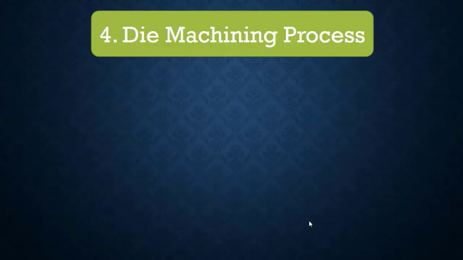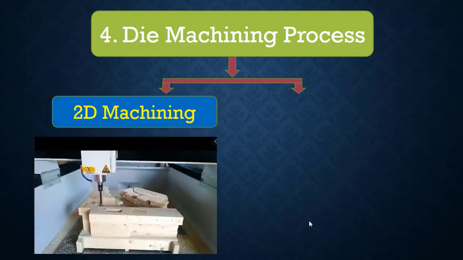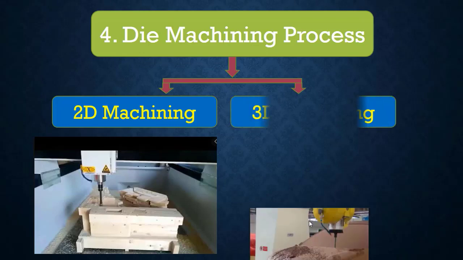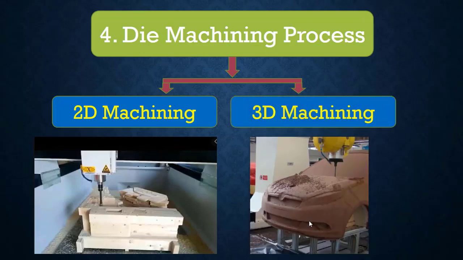Moving to process stage, which is die machining process. I have categorized into 2 machining processes. One is 2D machining, consisting of conventional machining processes like plate sizing, casting machining, drillings, chamferings, etc. And 3D machining, which is the special machining process with the help of CAM software programming in the CNC machines.